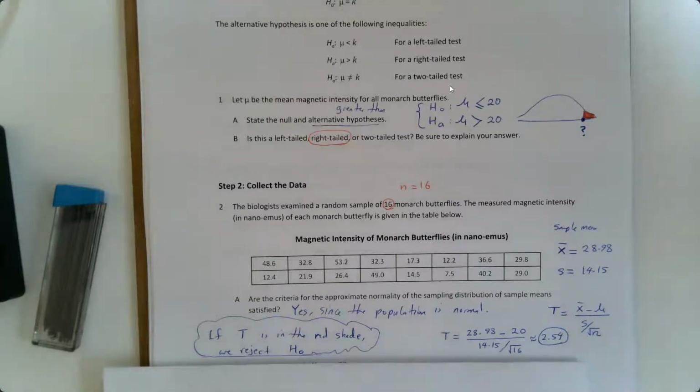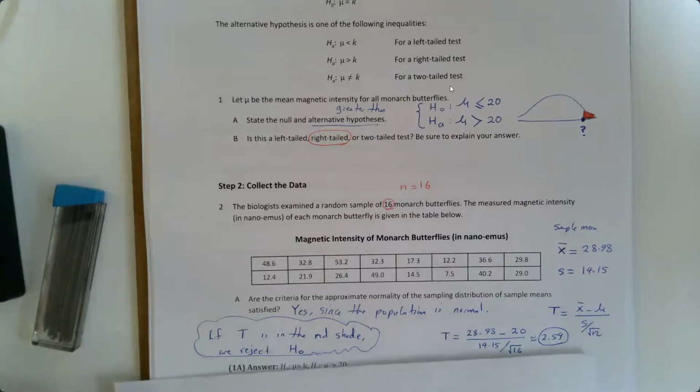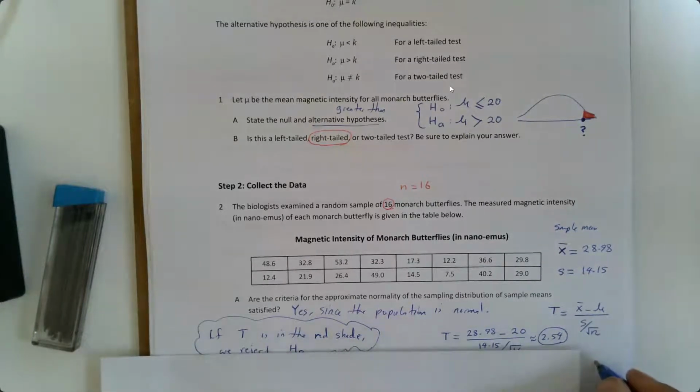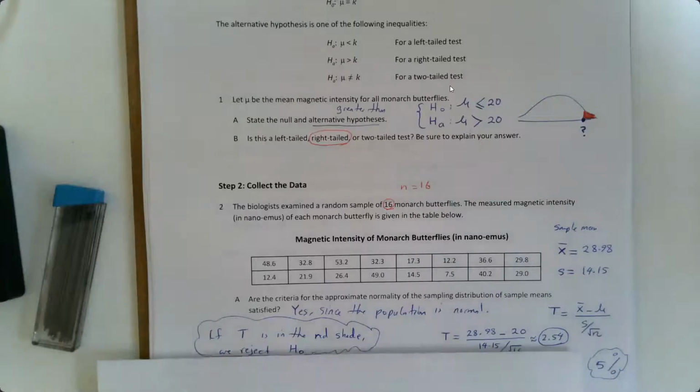So remember that in the previous page, the information that we had was about 5% level of significance. And I told you this 5% level of significance is different from the level of confidence that we learned when we formed the confidence interval.